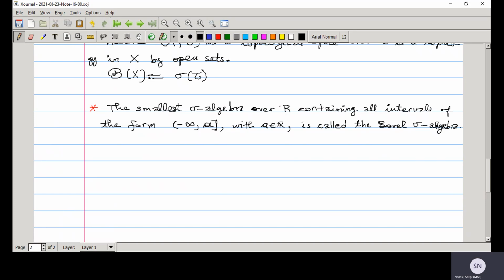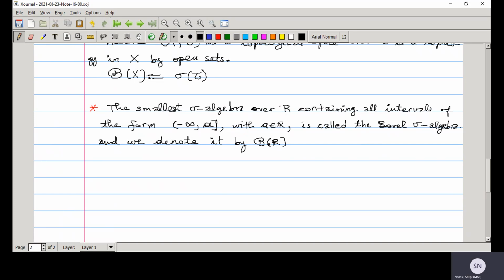I can use open or closed, but in this definition let us use closed. You can denote it by B, but this might be confusing, so you have to indicate BR like that.